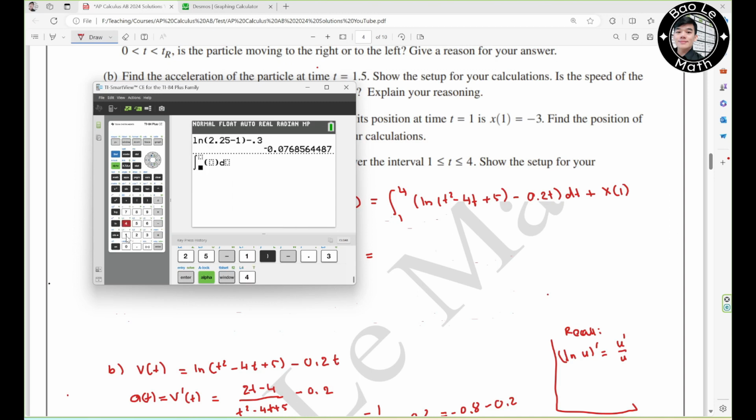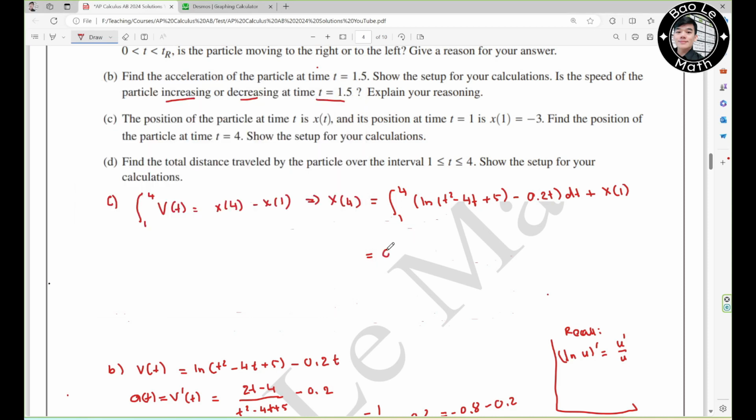This is the integral from 1 to 4 of natural log of s squared minus 4s plus 5, minus 0.2s, ds. Hit enter. It's going to be 0.197. So approximately 0.197 plus s of 1 equals negative 3.